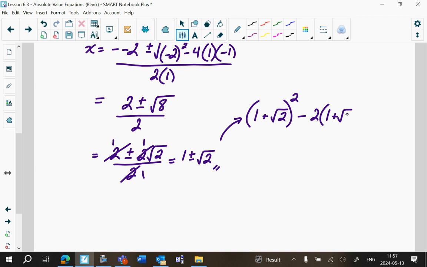And then you'd have to take all that absolute value, and you'd have to see if it equals 1. And then you'd have to do this. Remember, there are 2 answers here. You'd have to do the same thing all over again for 1 minus root 2. But like I said, this is nasty. So I wouldn't ask you to check it.